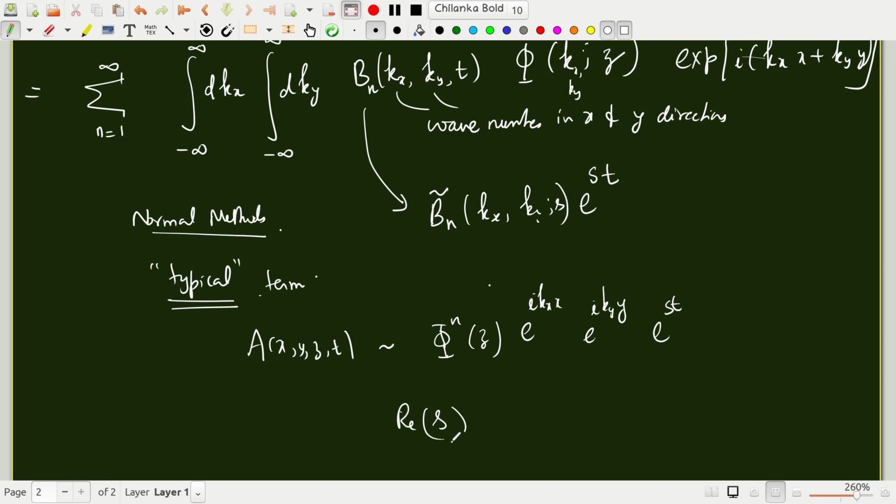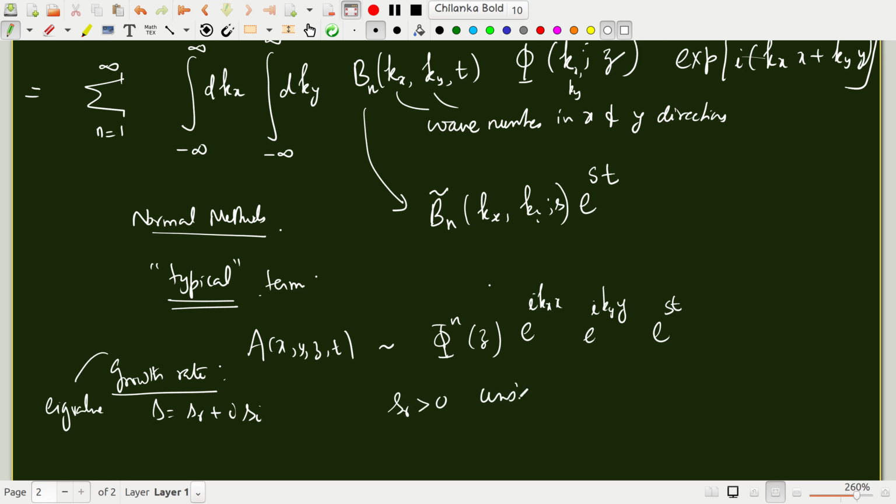If s is written as sr plus i si, s is called the growth rate. This is the eigenvalue in our problem. If sr is greater than 0, the flow is unstable because things are going to grow exponentially in time. If sr is less than 0, the flow is asymptotically stable. So this is the method of normal modes.